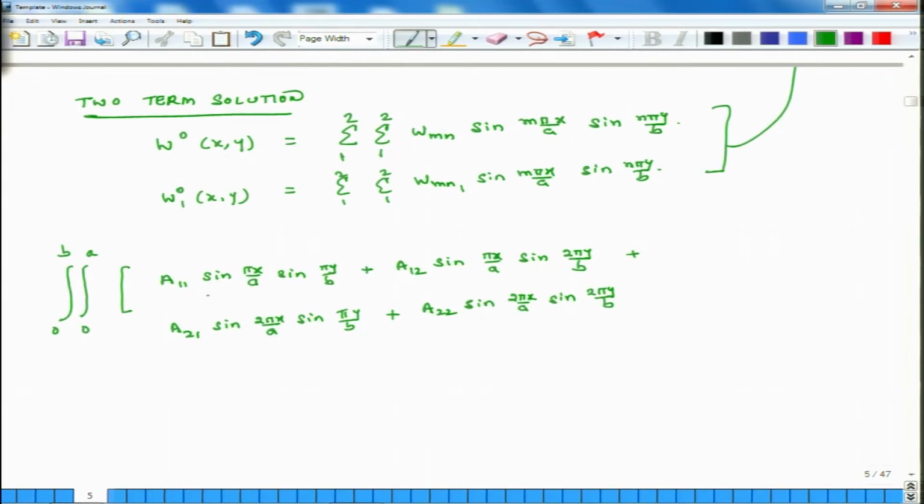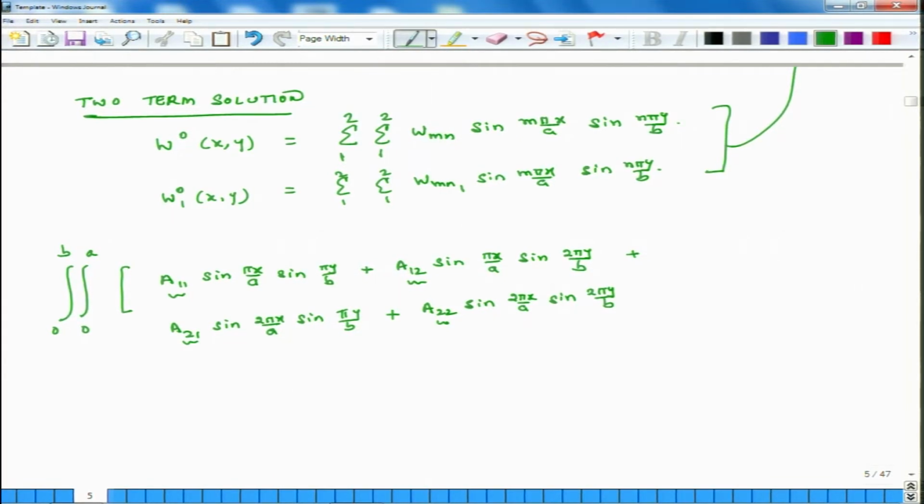In this, A11 has W11 times D1 mn embedded, and A12 also has D12 times W12 embedded. So, in these terms the unknown coefficients are embedded, but just for compressing it I have clubbed it into smaller chunks.